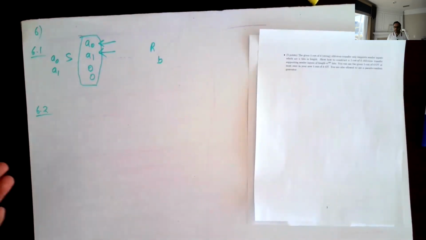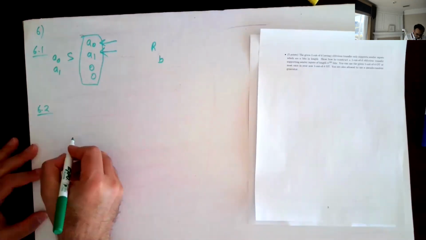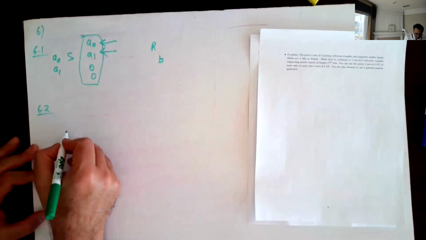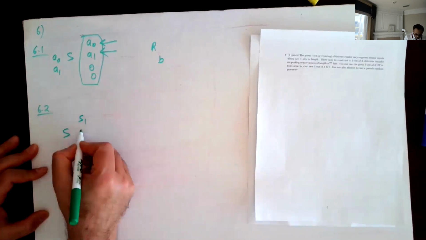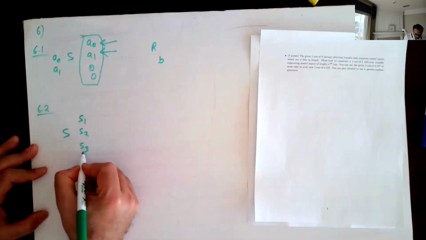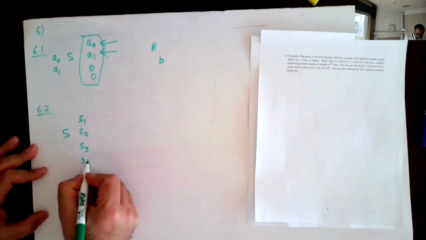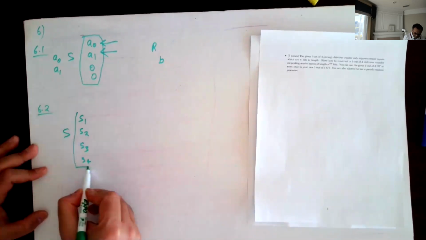So first of all, you sample 4 seeds. The sender samples S1, S2, S3, S4, 4 completely random seeds.